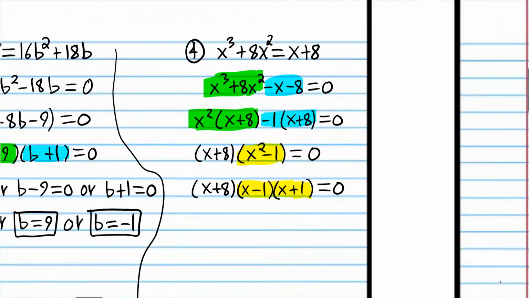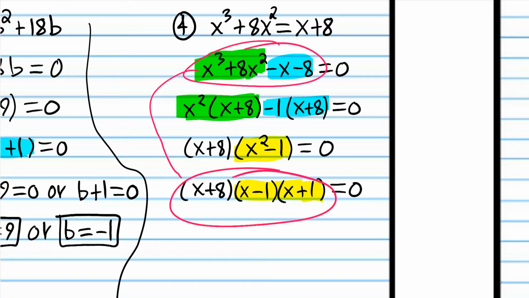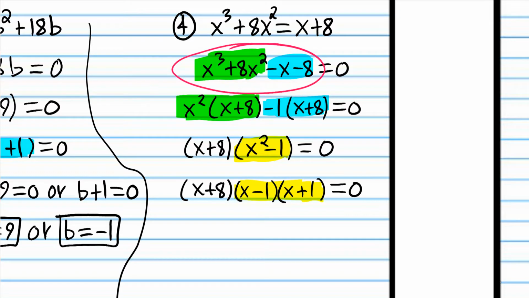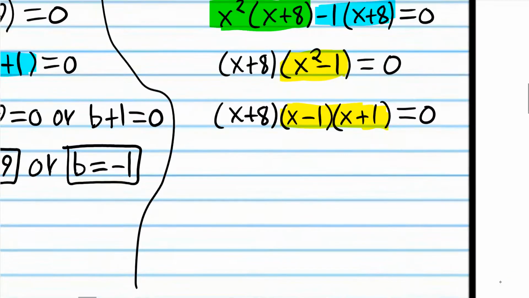Okay, so why did we do all that? What was the point? Well, by putting it in this form, we changed this whole thing here to this form here. So now we can see the solutions. Up here we could not see any solutions, but down here we can see all three of the solutions just by looking at that equation.